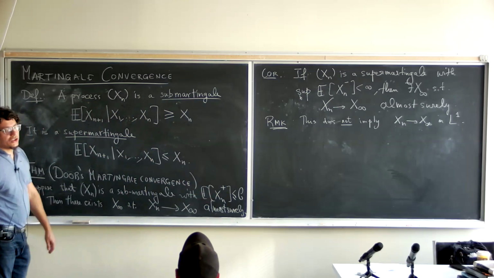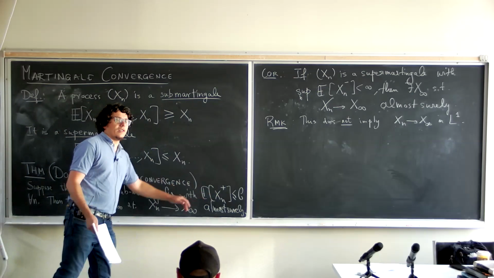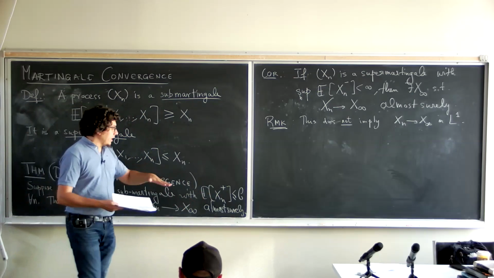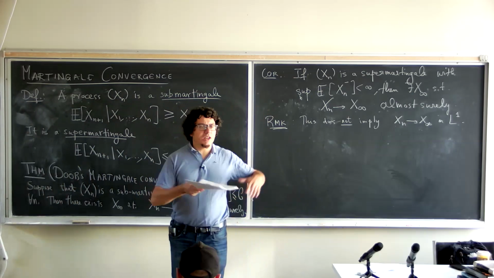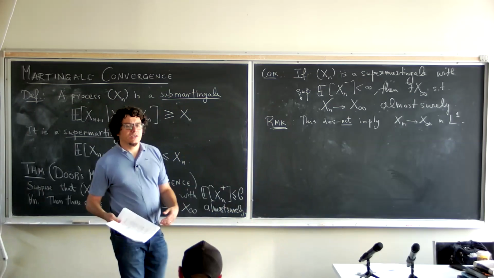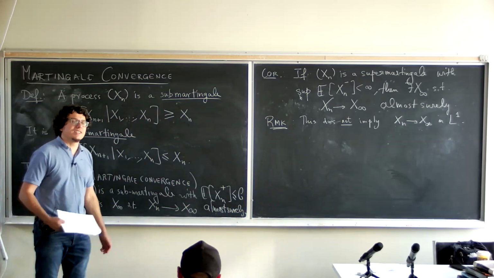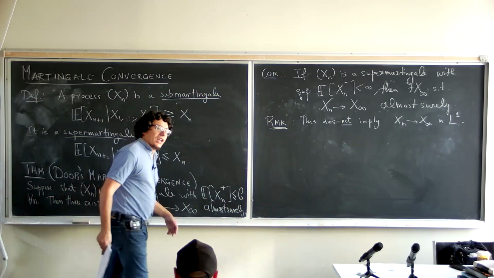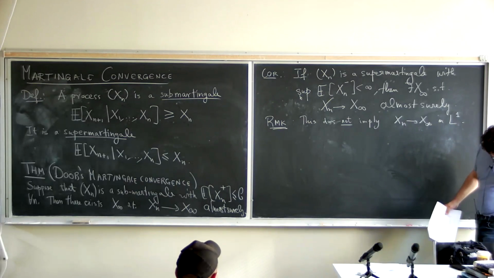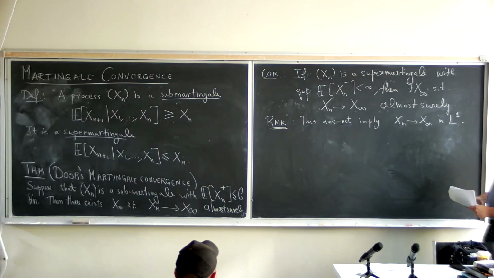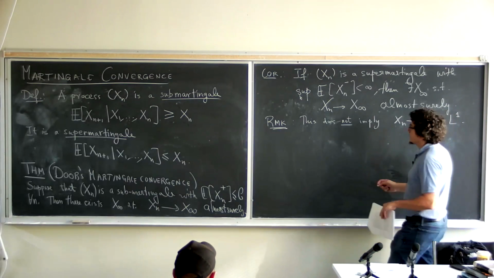All the time we're going to assume that it's in L1, but I think this should be enough. Like in the ergodic theorem, you only have to assume that the positive part is integrable, because it could be that the limit is negative infinity, which is not a very nice case. But most of the time we just assume that Xn is in L1.